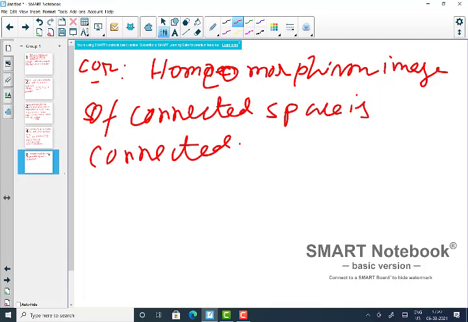So what does that mean? If you know that two spaces are homeomorphic, and you have a connected space in one and the image is not connected, or vice versa, then the two cannot be homeomorphic. Okay, clear?